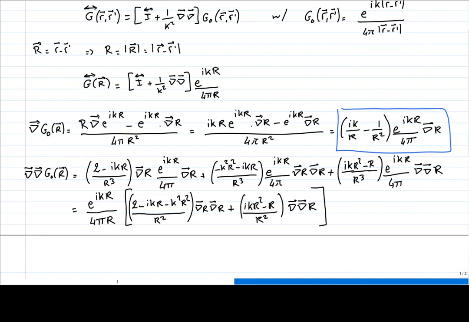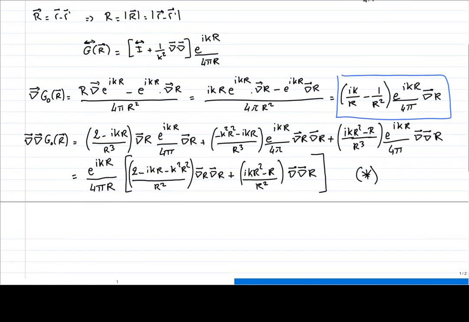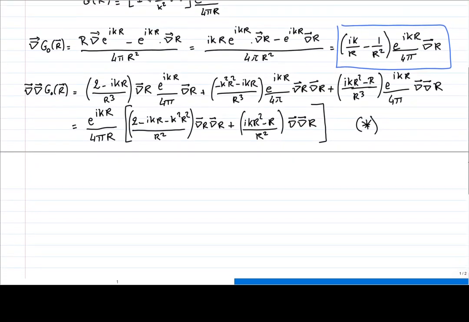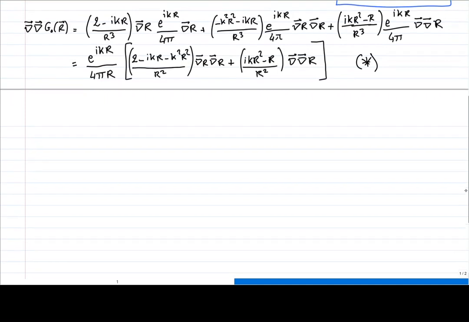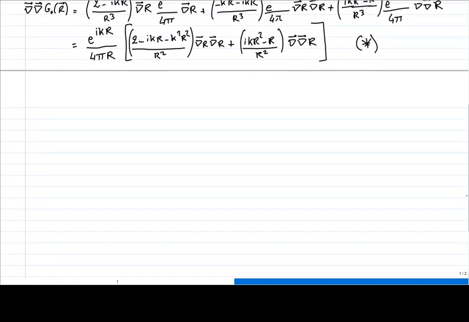So this is the equation we want to use when injecting this into the expression of the Green tensor as a function of the scalar Green function. But we need to manipulate this a little bit more in order to make sense of this equation.